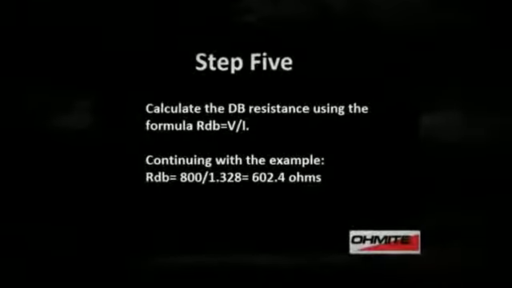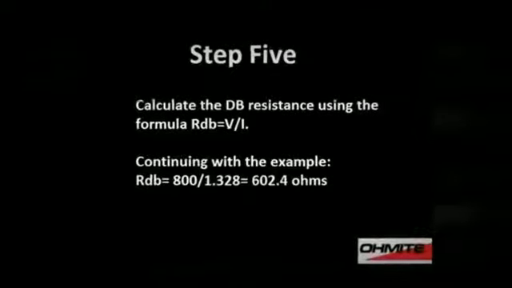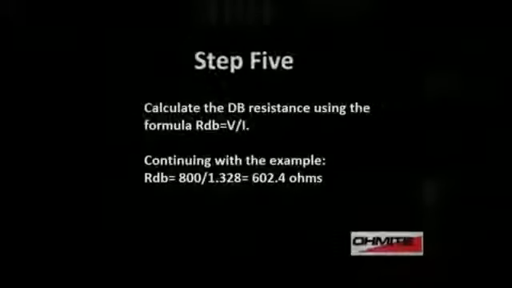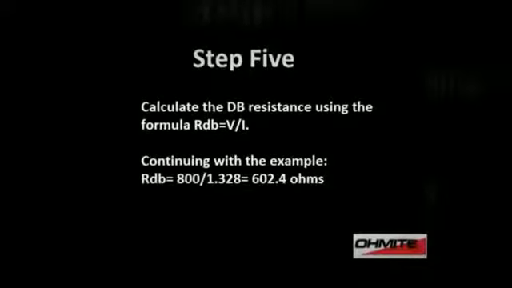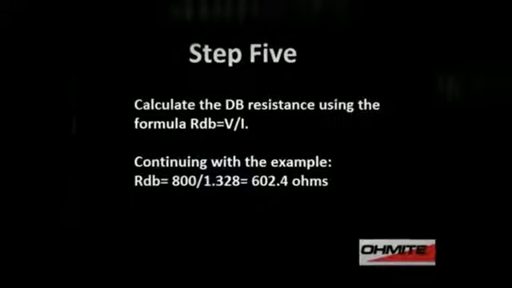Finally, calculate the DB resistance using the formula R DB equals V divided by I. Continuing with the example, R DB equals 800 divided by 1.328 equals 602.4 ohms.